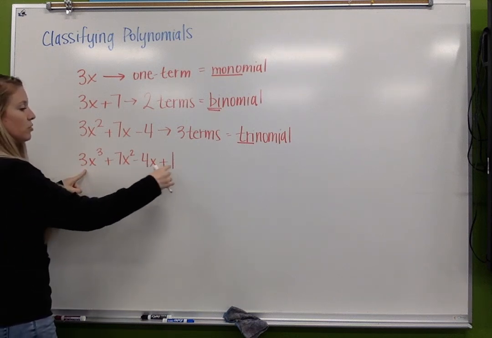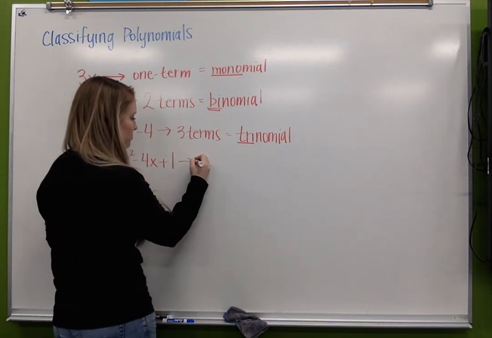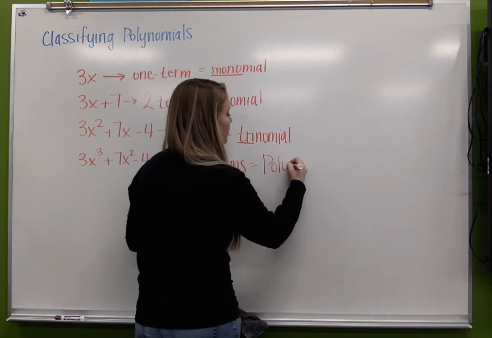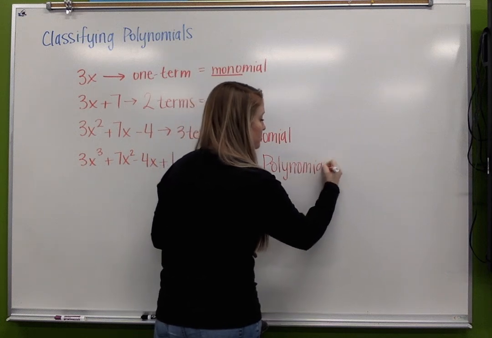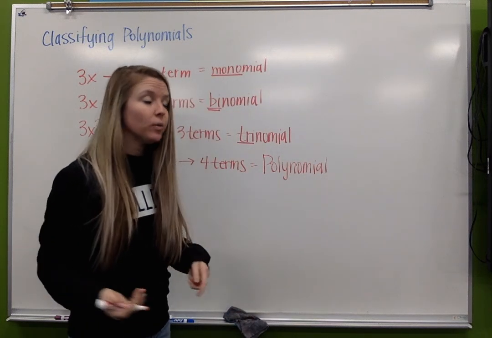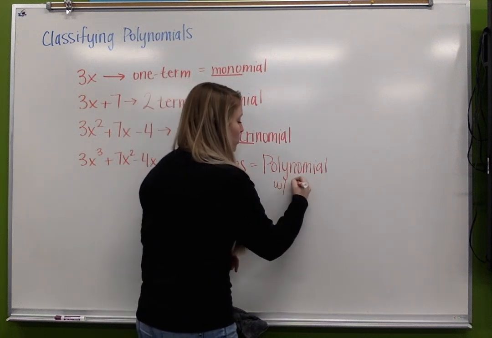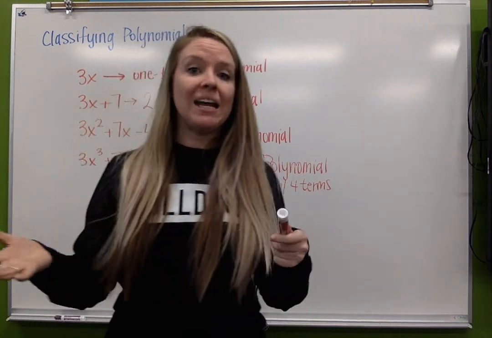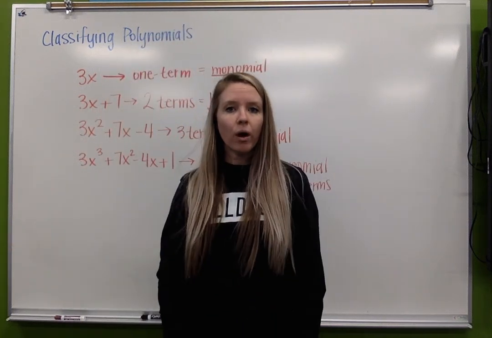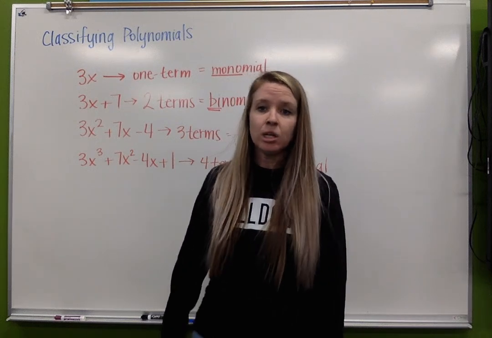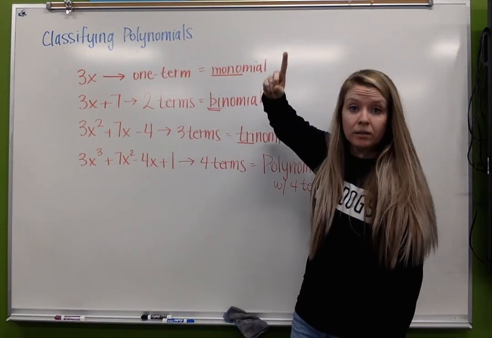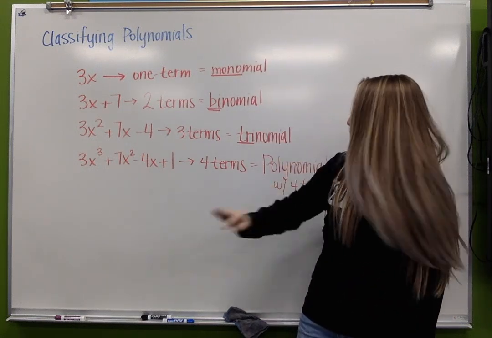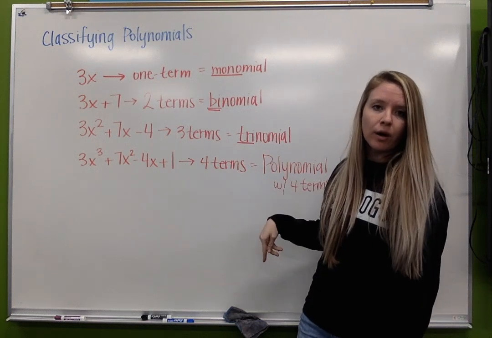We have 1, 2, 3, 4 terms, and we call this a polynomial. If we wanted to be specific, we could say this is a polynomial with 4 terms. Polynomial means many terms, so once we get to 4 or more, we just call it a polynomial. So we have a monomial, 1, binomial, 2, trinomial, 3, polynomial, 4 or more.